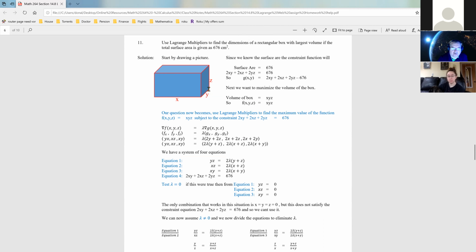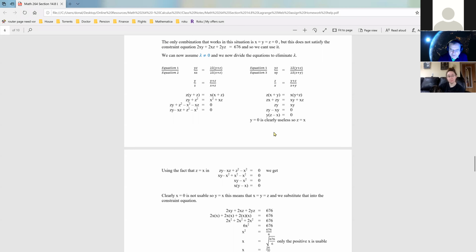What would happen to a box if you made its length or its width 0? It would disappear on you. Well, that's definitely not going to be a very likely answer, is it? So that's why I kicked it out. Are we good? We are good. Okay. So, moving on.